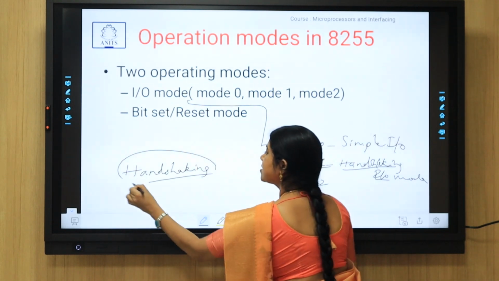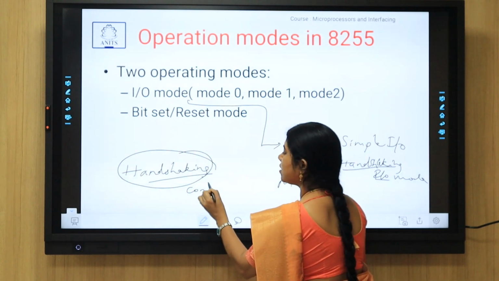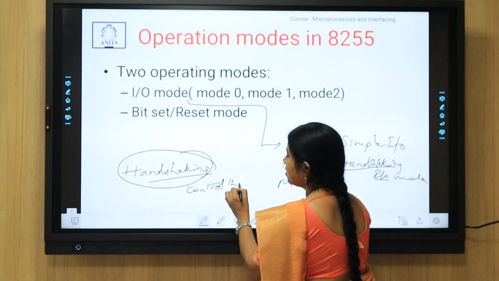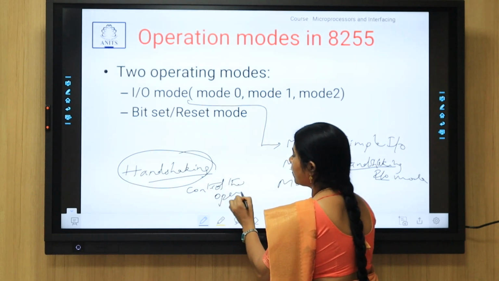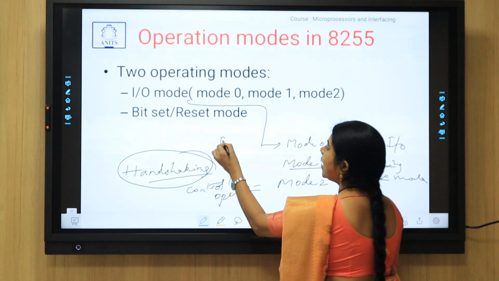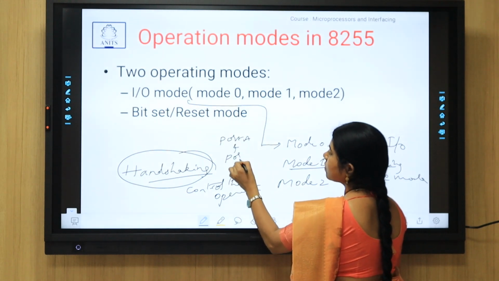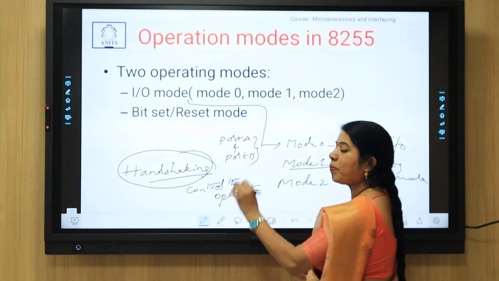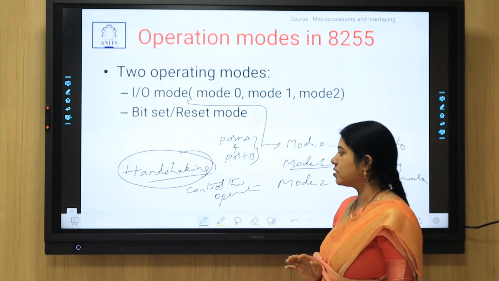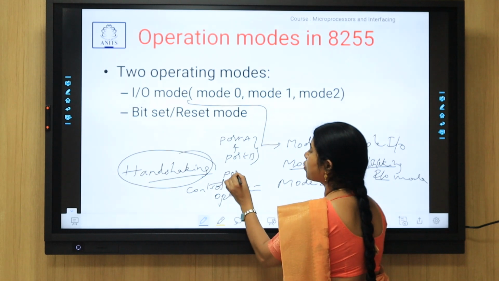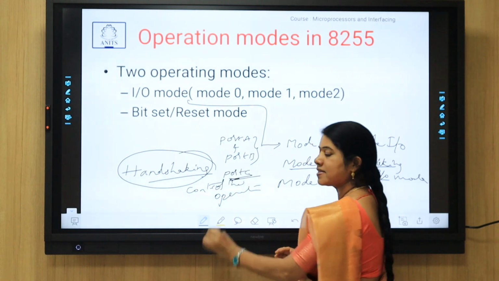These handshaking signals are used to control the operation. In mode 1, port A and port B are operated as input-output ports and port C is used to provide handshaking signals.